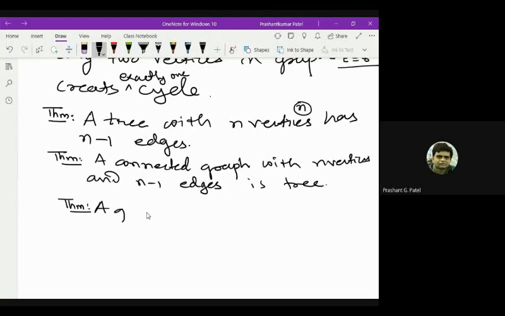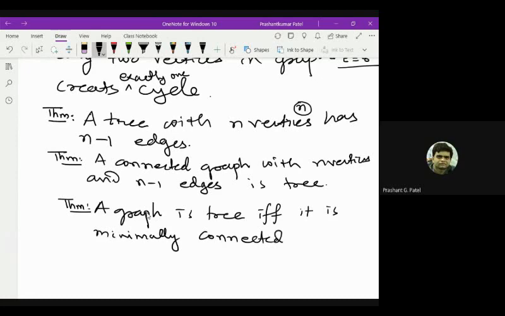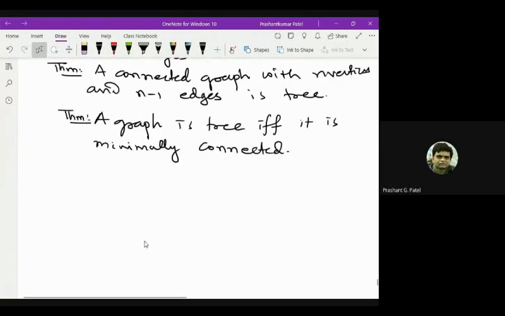That means a graph is a tree if and only if it is minimally connected. And there are lots of other results on trees you can state and discuss, but due to limitation of time, I'm not doing all the results.